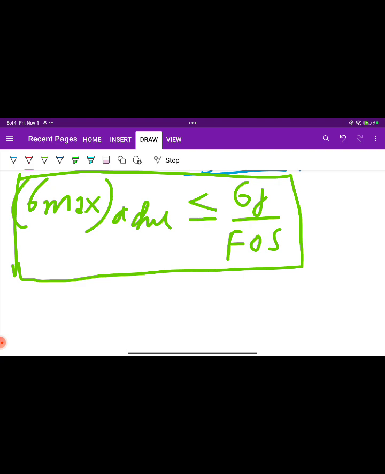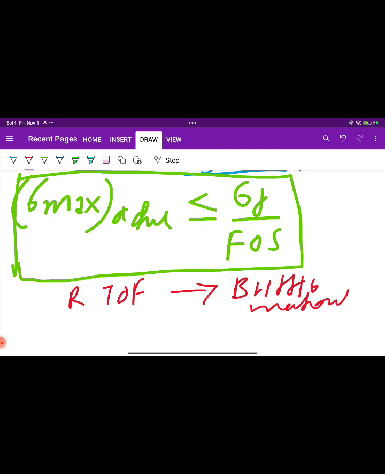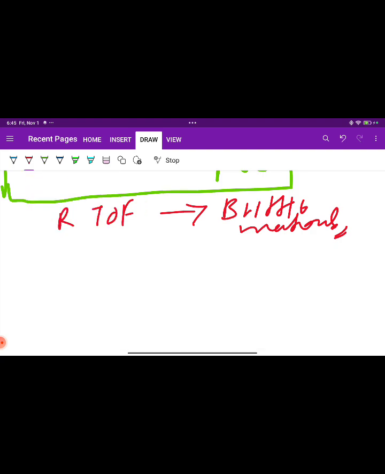You just remember, Rankine's theory of failure is suitable for brittle material, since in brittle materials tension is very weak, and hence they fail due to the maximum principal stresses.